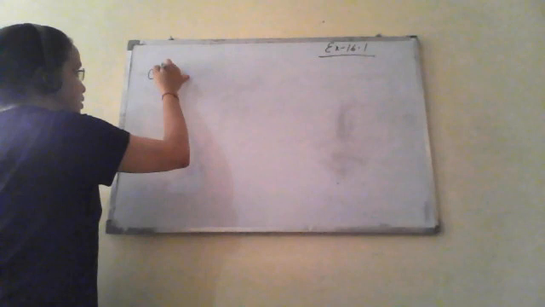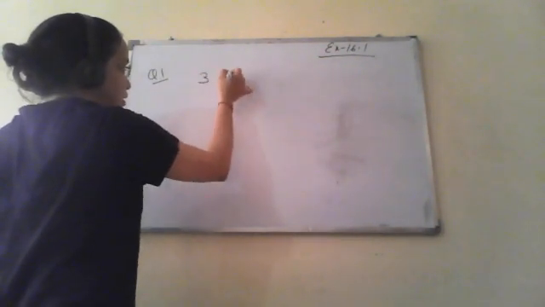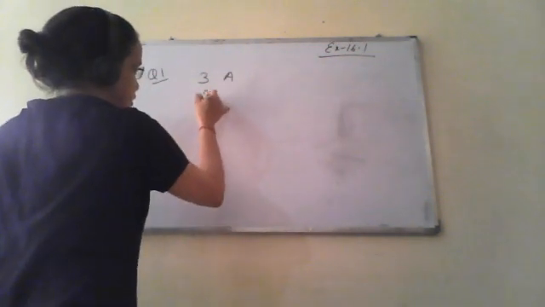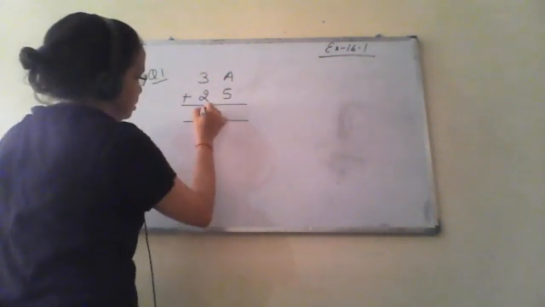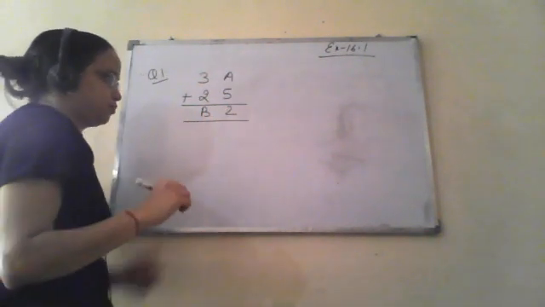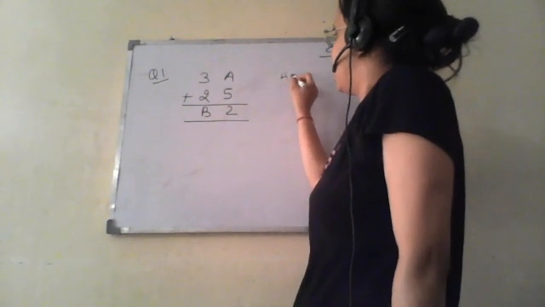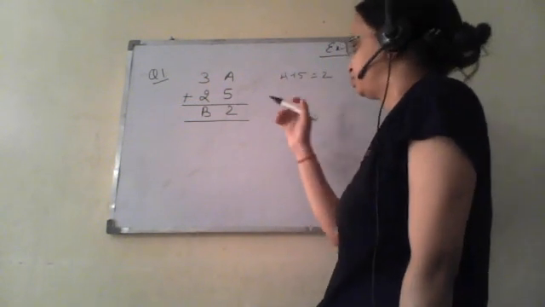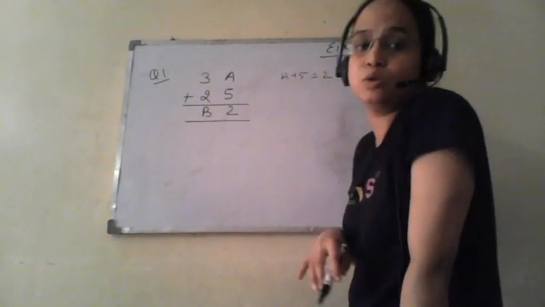Question number 1: we have to find the values of these alphabets. We have 2, 5 and B and 2. Now you have to guess. We are adding A plus 5 and getting 2, so what can you add to 5 so that the resultant number has 2 at its units place?